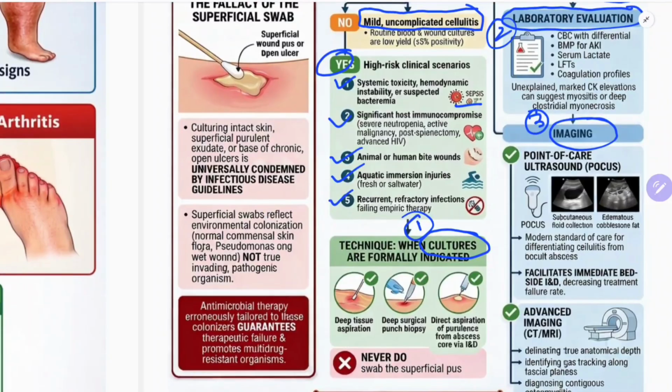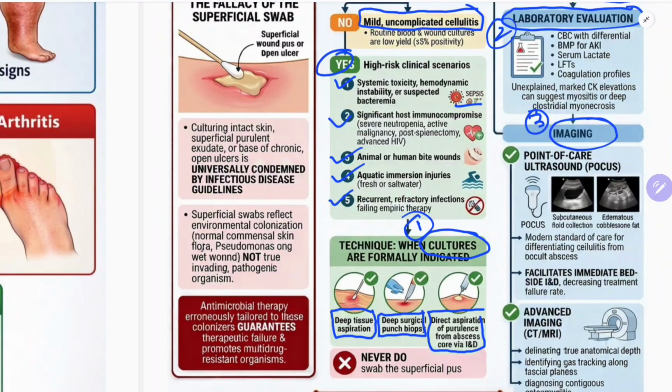For pus culture, there should be deep tissue aspiration. Remember the word aspiration, not taking a swab. Deep tissue aspiration or deep surgical punch biopsy of the skin, or direct aspiration of pus from the abscess core via incision and drainage. So these are the methods.